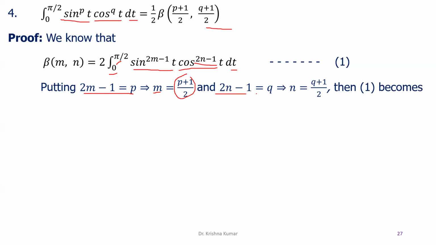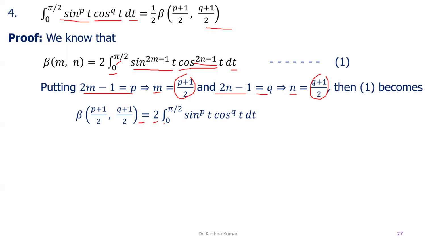Similarly, 2n minus 1 equal to q, then 2n is equal to q plus 1 and n equal to (q plus 1) by 2. Then 1 will become beta of (p plus 1) by 2, (q plus 1) by 2, which is equal to 2 times integration under the limit 0 to pi by 2 sine to the power p t into cos to the power q t with respect to t.